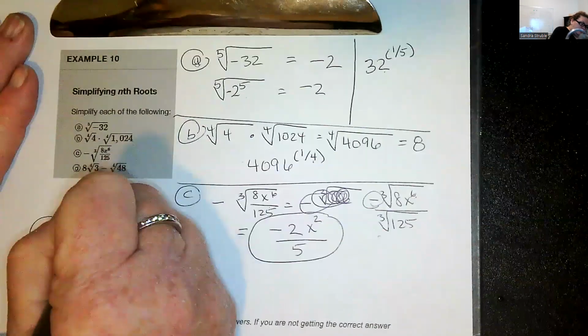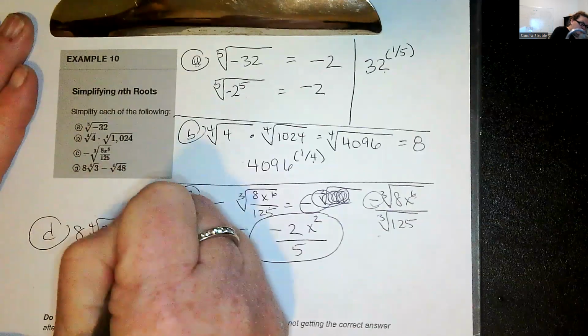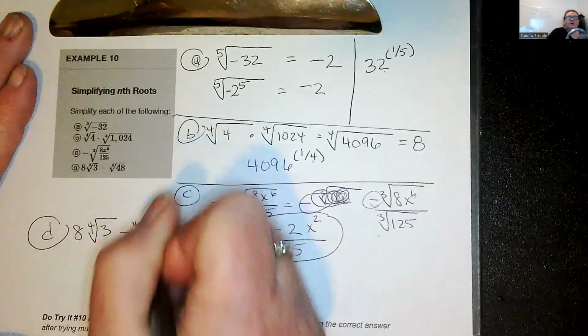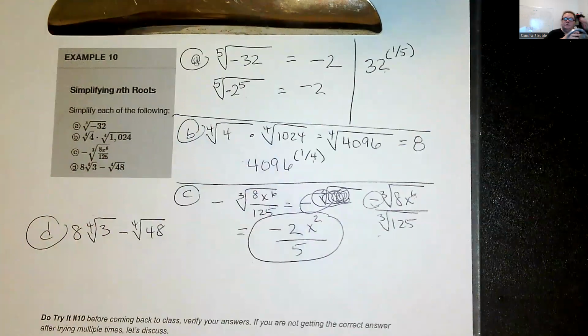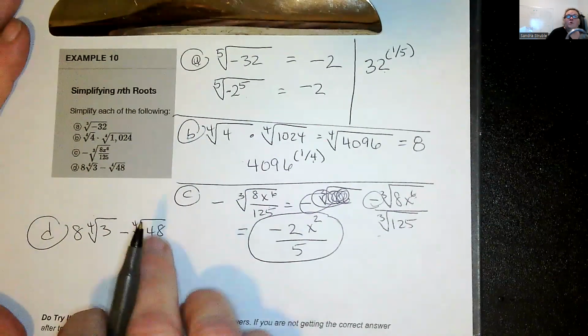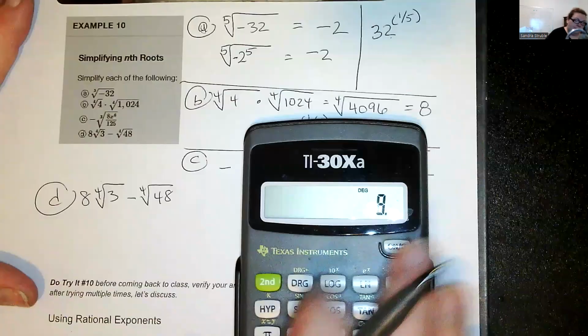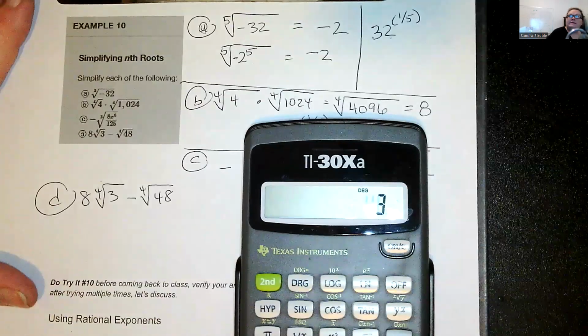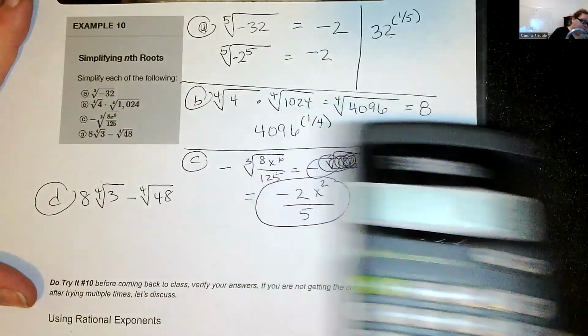8 4th root of 3 minus the 4th root of 48. Well, in order to combine these terms, what's underneath the radical needs to be the same. So I'm taking that 48 and dividing it by 3 to find out what I'm going to hopefully be able to pull out of here. So 48 divided by 3 is 16. Okay.